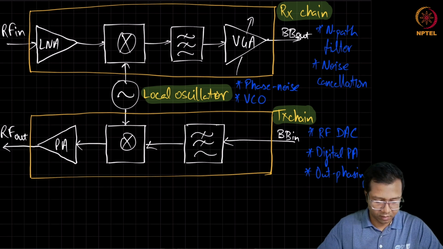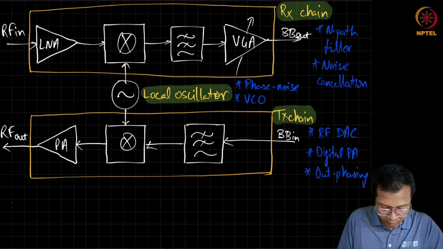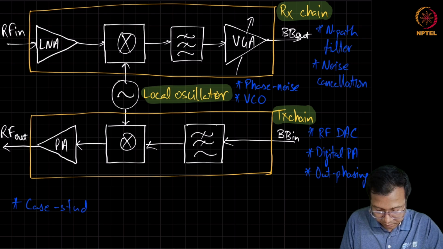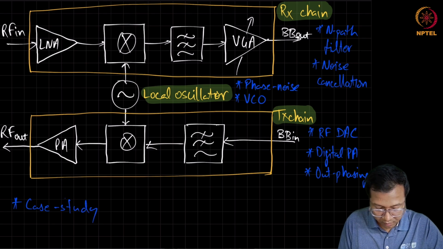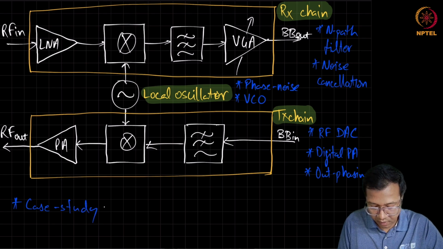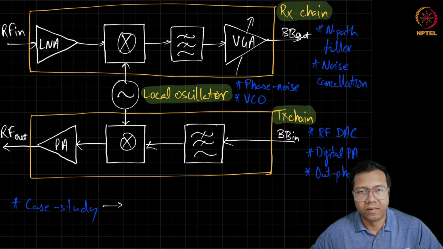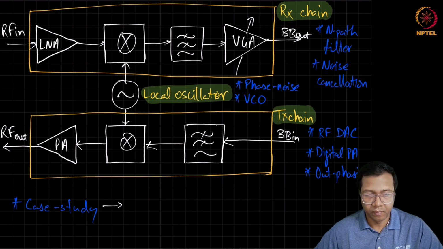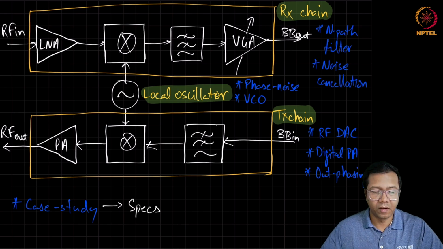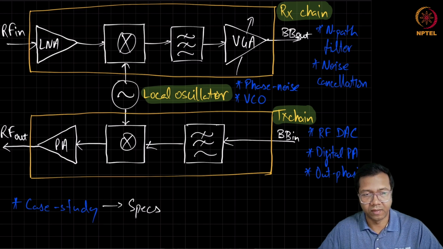And finally, in the last week of the course, we will take a case study. We will take an example of a Wi-Fi transceiver, starting from the specifications which are provided by the wireless standard.